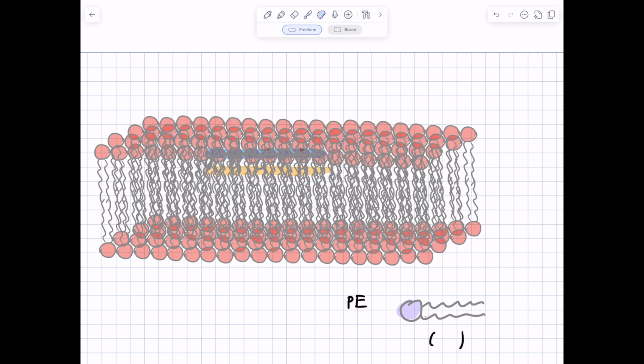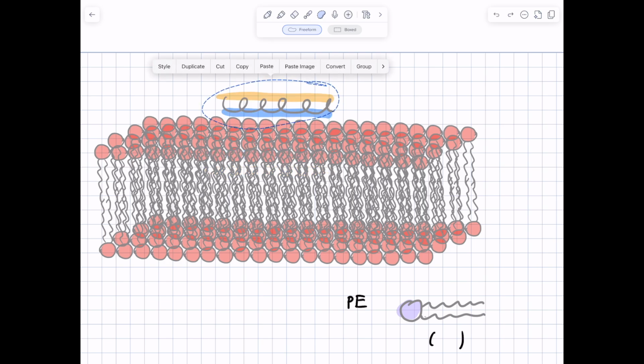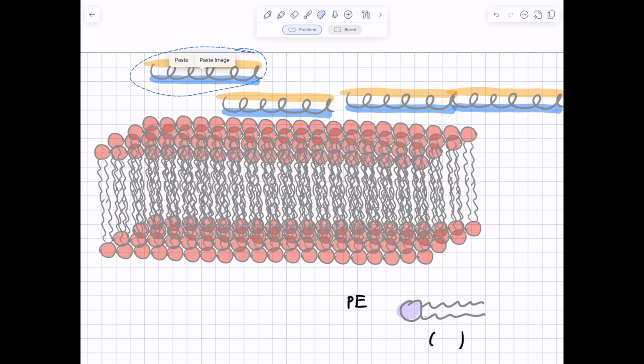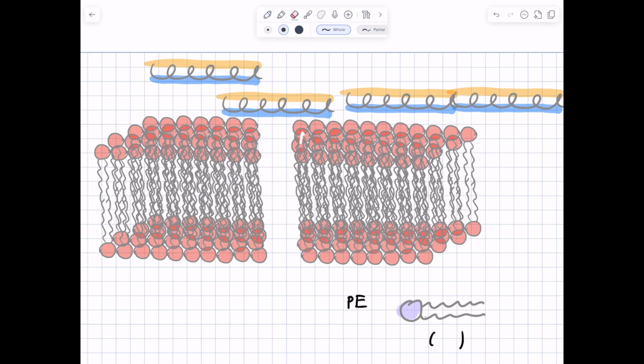If you get enough of those peptides associating with the membrane, what can begin to happen is that the peptides will start to create channels through the membrane. And the channels look something like this.